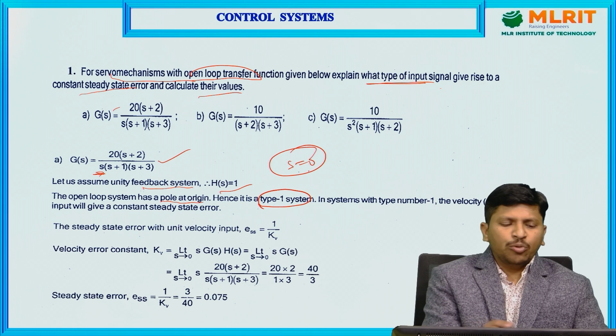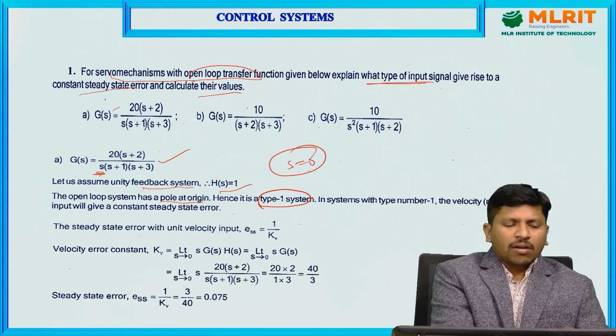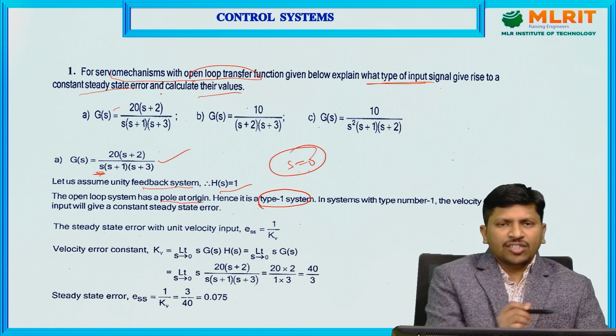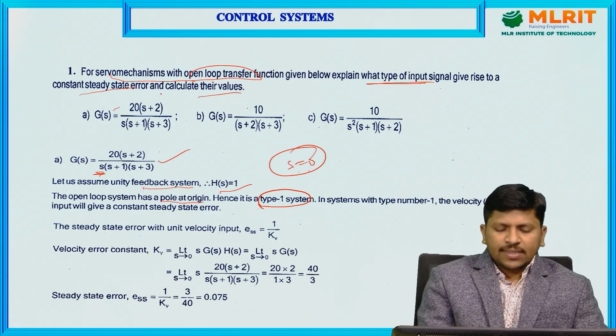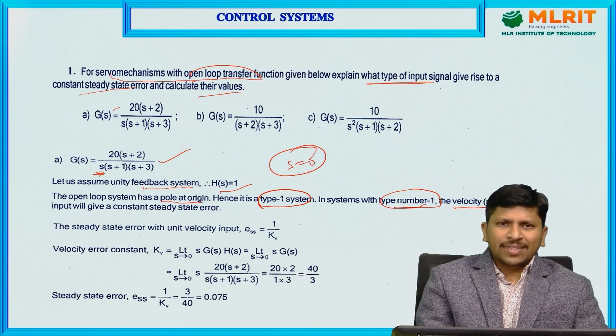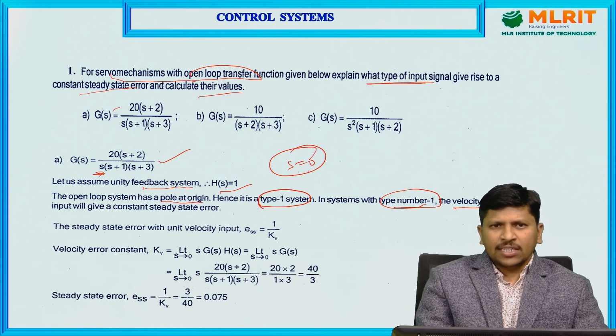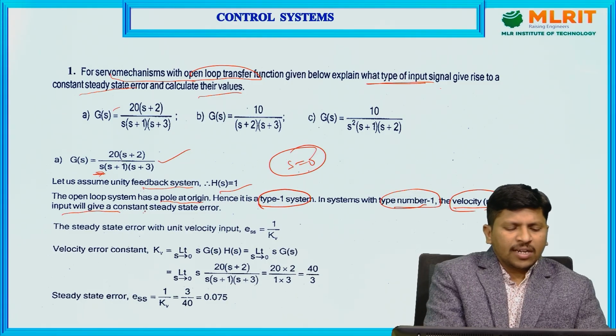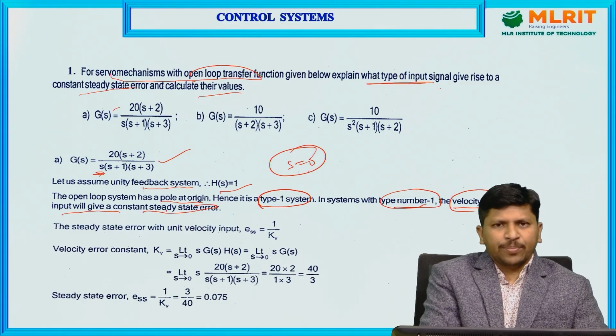And also, what is the constant steady state error here? In this system the type number is 1, so the velocity, that is the ramp signal, is the input signal. The ramp input gives a constant steady state error for a type 1 system.